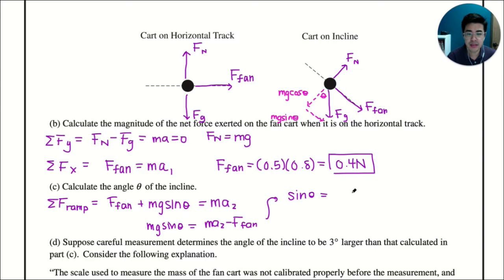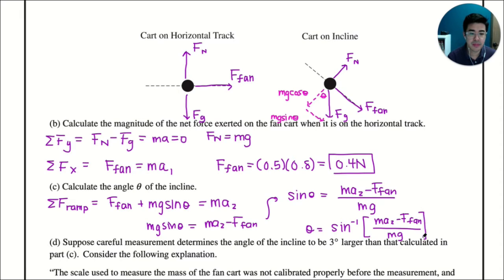So sine theta is equal to ma2 minus the force of the fan, divided by mg. And then finally, if we want to solve, we can go like this, and sine inverse of (ma2 minus force of fan) over mg. Cool.